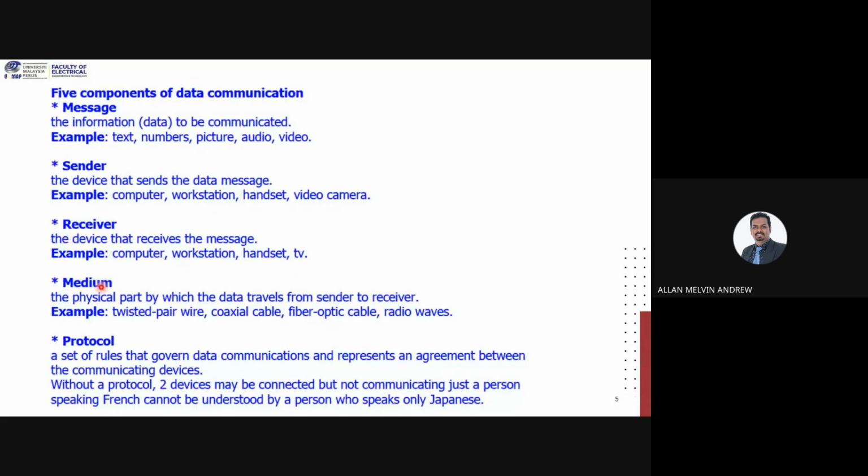Then we have a medium, a physical path by which the data travels from sender to receiver. It can be wired, or it can use radio waves. Wired media are cables or wire, such as twisted pair wire.